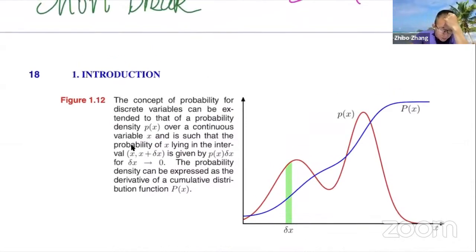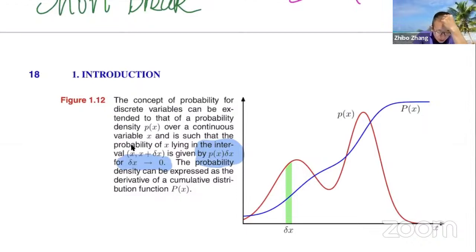So let's look at figure 1.12 to get a better understanding of this. The concept of probability for discrete variables can be extended to that of a probability density over a continuous variable x. It's such that the probability of x lying in the interval x to x plus delta x is given by p(x) multiplied by delta x, for delta x super close to 0.